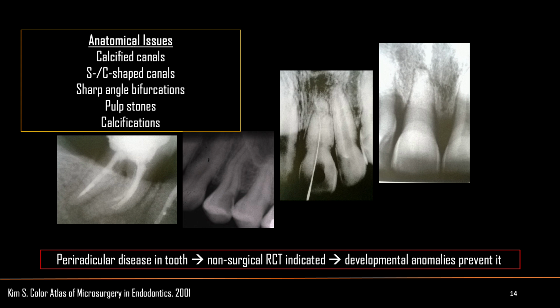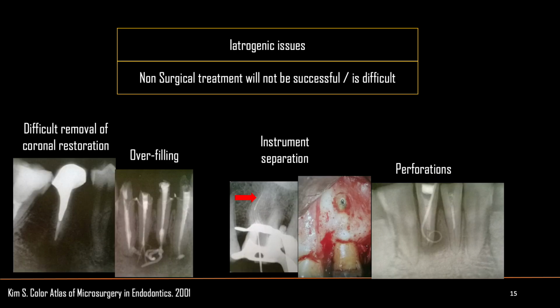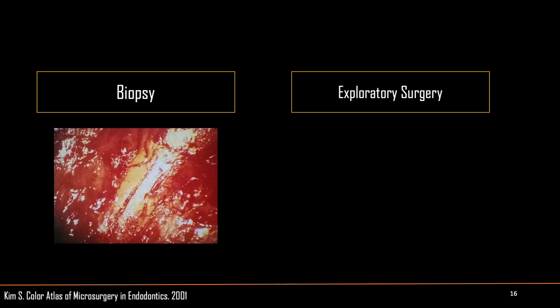Also when there are anatomical issues like calcified canals, C-shaped canals, sharp angle bifurcations, pulp stones and calcifications, and iatrogenic issues where non-surgical treatment is difficult. Those are other conditions which require endosurgical intervention. When the surgeon requires a tissue specimen to identify the pathology, then a biopsy, an explorative surgery, is performed.